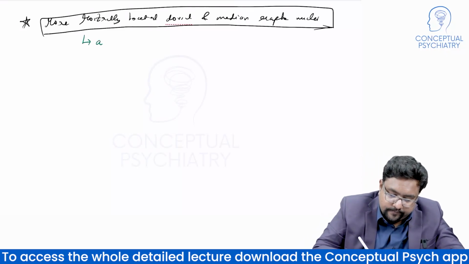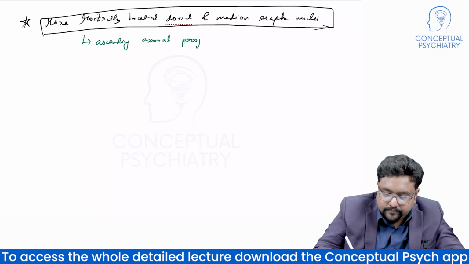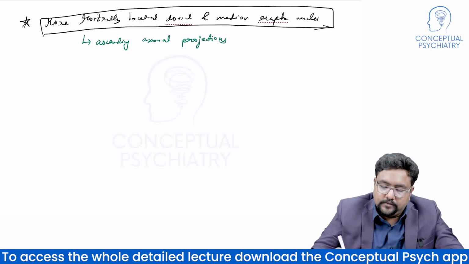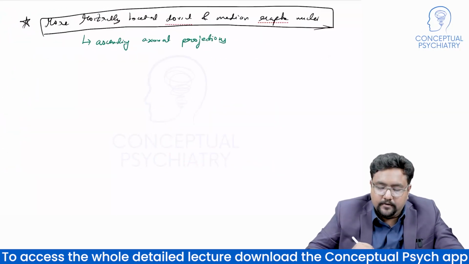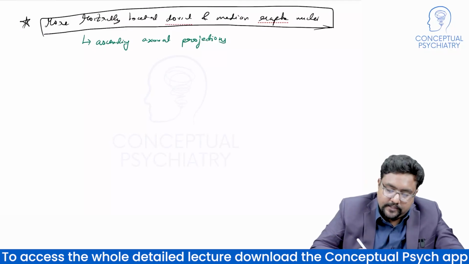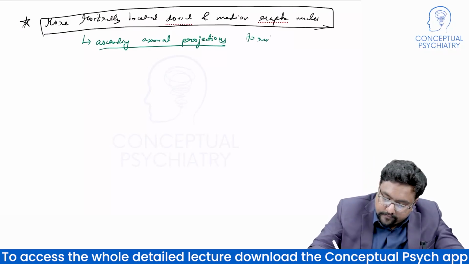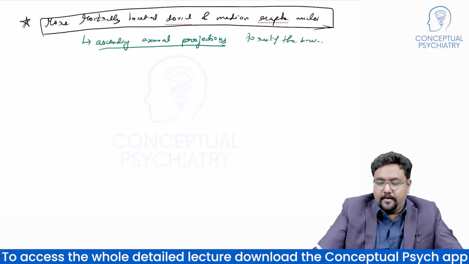Now they send ascending axonal projections. So the previous one, that is the caudal one, was descending. Dorsal and the median, they send ascending axonal projections to the rest of the brain. Okay.